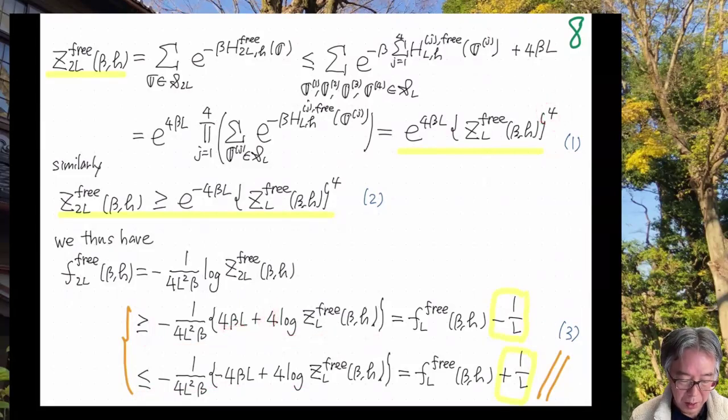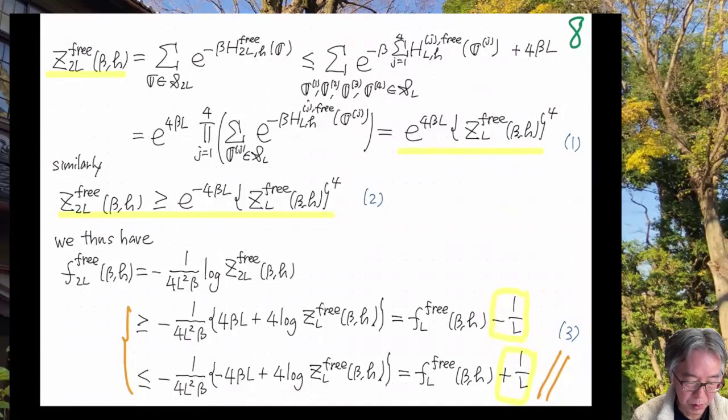Well, it looks like we got an extra 4, but no, this is well done. This is in good shape, and this 4 cancels out, and you exactly get this. Okay, and from here you get L divided by L squared, so you get 1 over L. Exactly the same thing for the upper bound here, and you get this. Okay, so this proves the desired lemma.